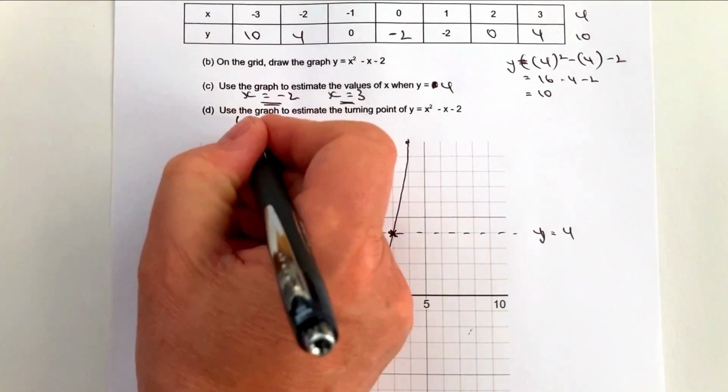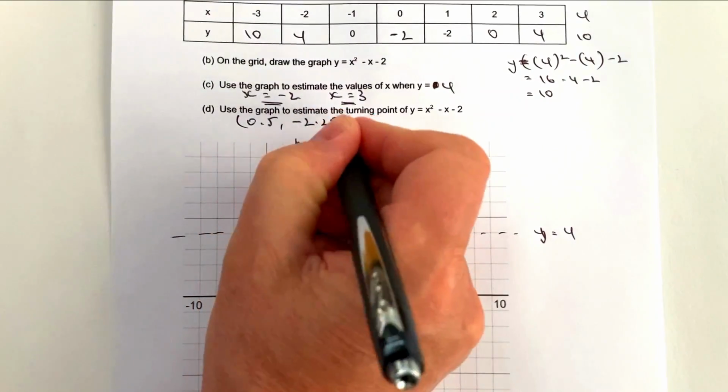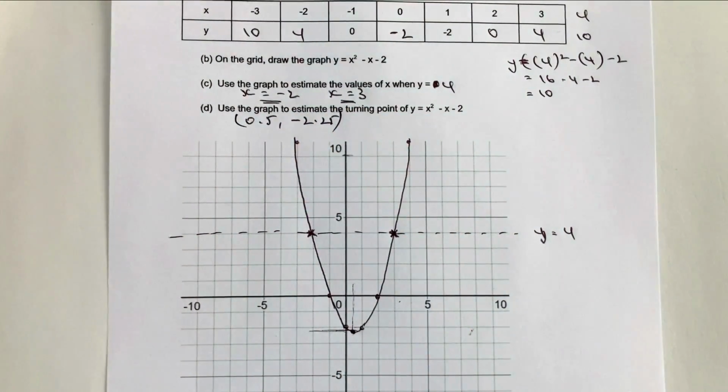So I'm going to write that as 0.5 and minus 2.25. It doesn't have to be amazingly accurate with these things. They will give you quite a bit of leeway on these types of questions. Don't worry about it. Providing you've drawn your graph accurately, you should be okay.